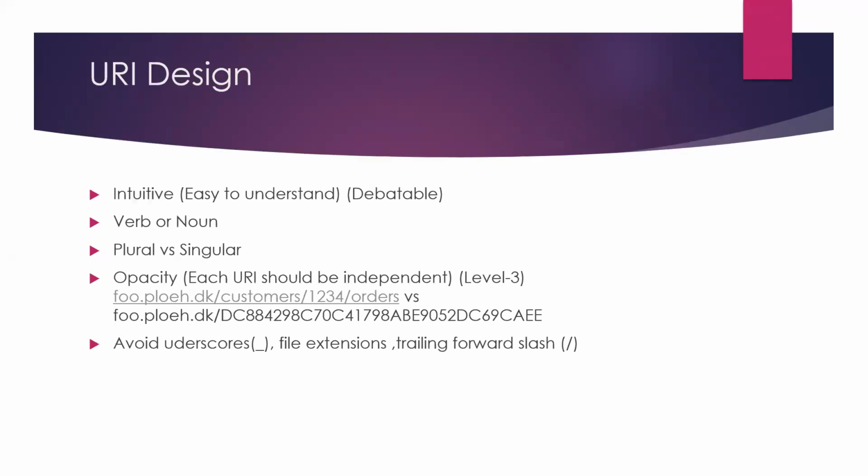If there is a system where the operation cannot be done with standard methods, in that case you have to consider that operation either as part of the URI or as part of a custom operation.